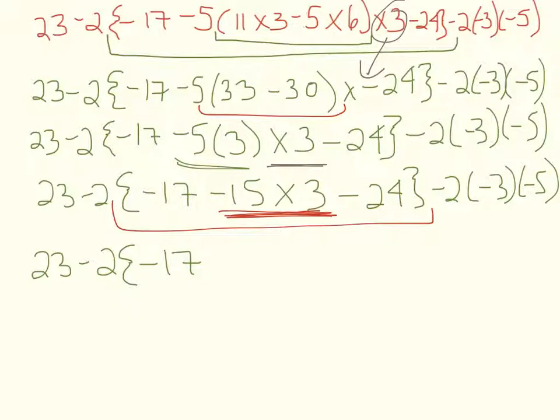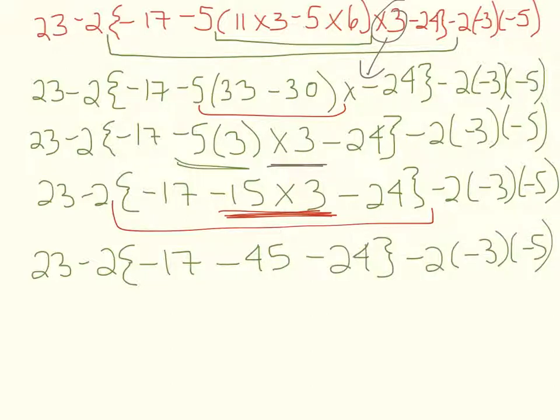Okay, so that negative 17 isn't going to go anywhere, but now we have negative 15 multiplied by positive 3, which will give us that negative 45, and then we have that negative 24 continuing.